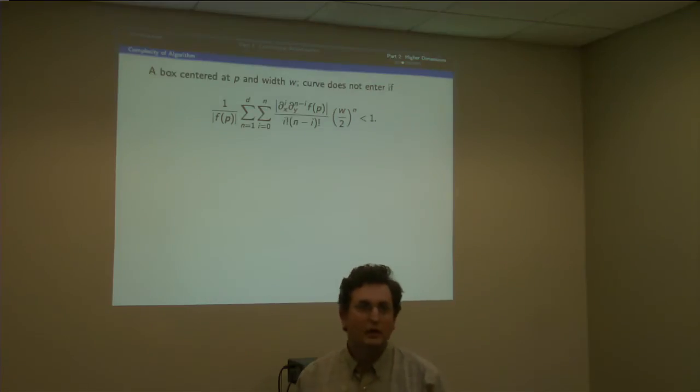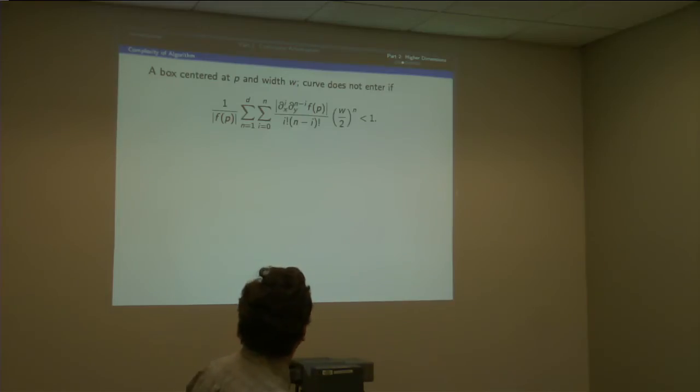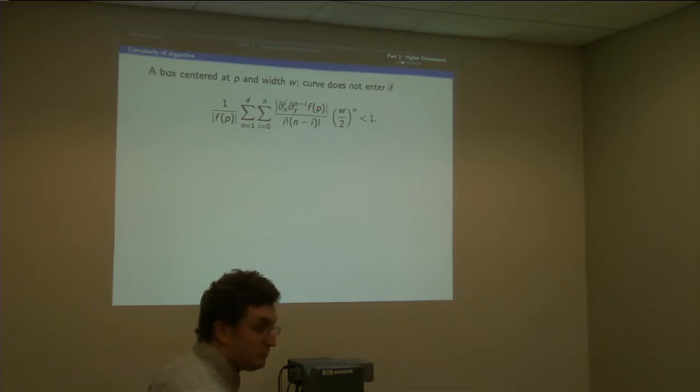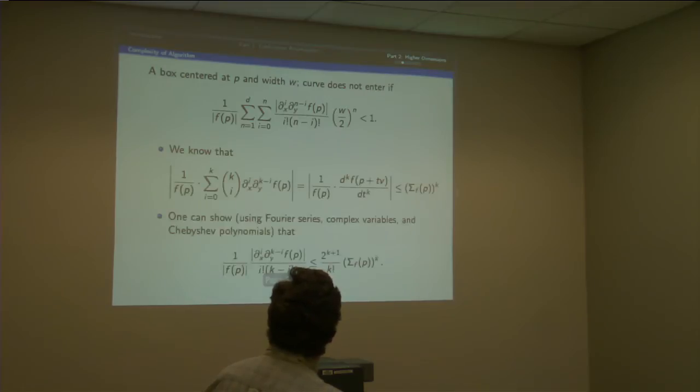So it's basically, you plug the intervals into a Taylor expansion. So this is a multivariate Taylor expansion. I've twisted it a little bit, but this really looks like a multivariate Taylor expansion, and this is a true statement that if this inequality holds, then the curve doesn't enter the box. So I need to study that inequality.